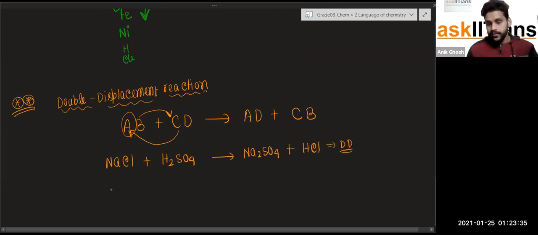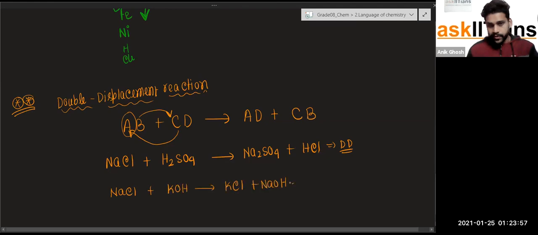Fine. Or if I just write like this, NaCl plus KOH, and from here I'm getting as a result KCl and NaOH. That is called double displacement.